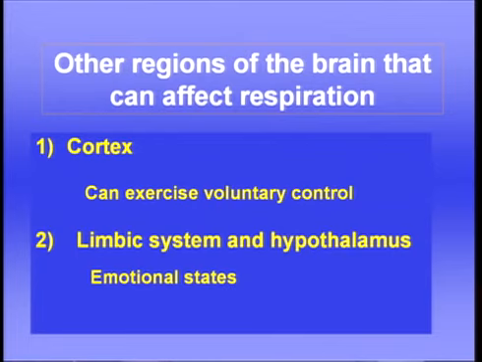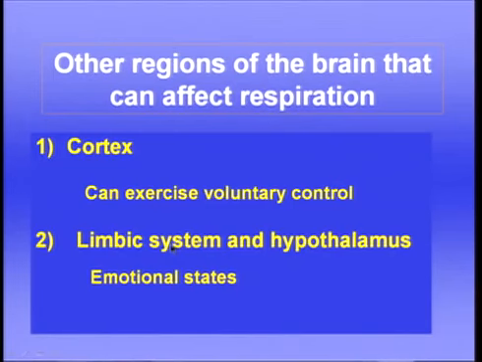Hyperventilation is very effective in changing gas exchange. Hypoventilation, for example, breath holding, is much more difficult. Although there are some divers who go down to great depths now, breath hold diving, and they can hold their breath for many minutes. So under some conditions, humans can control their hypoventilation as well as their hyperventilation.